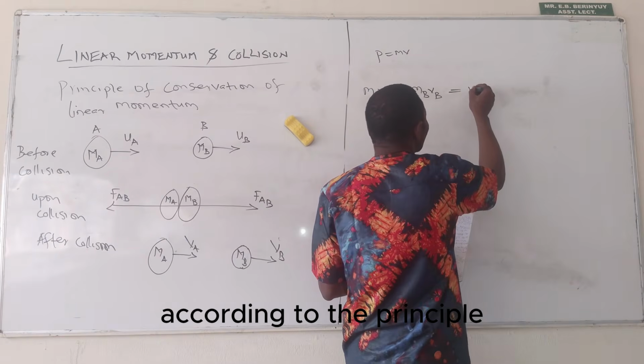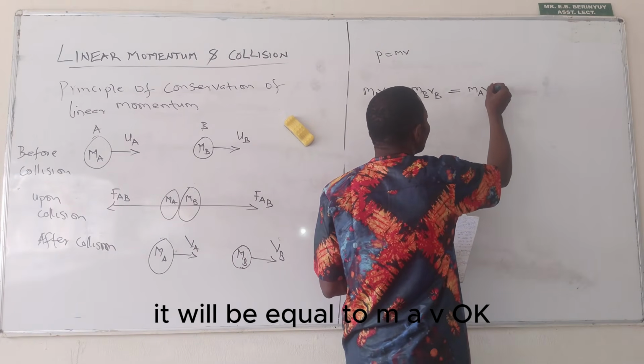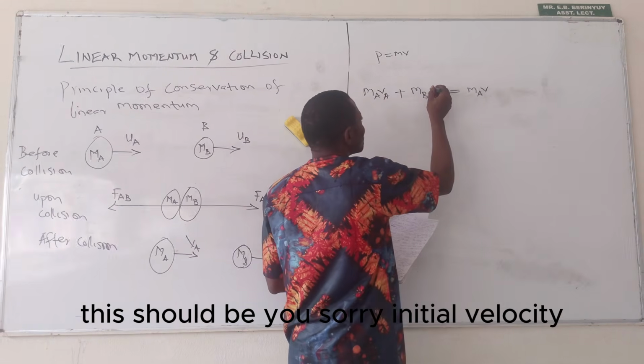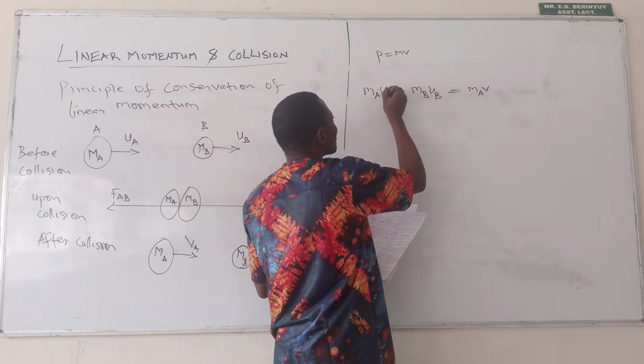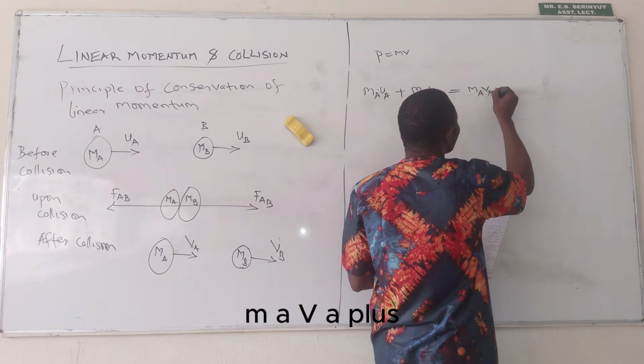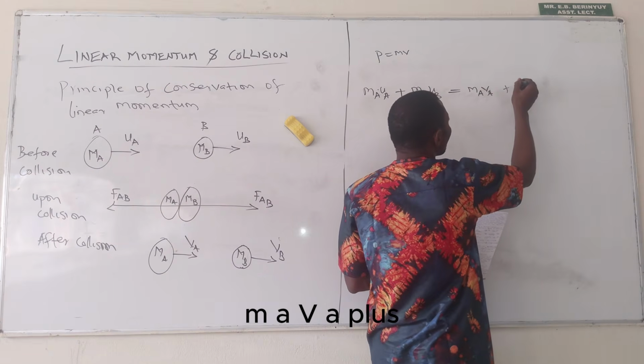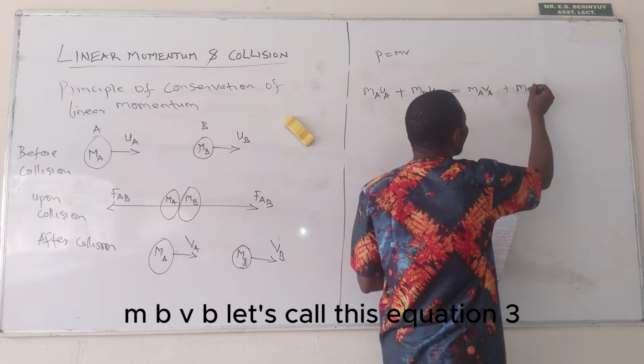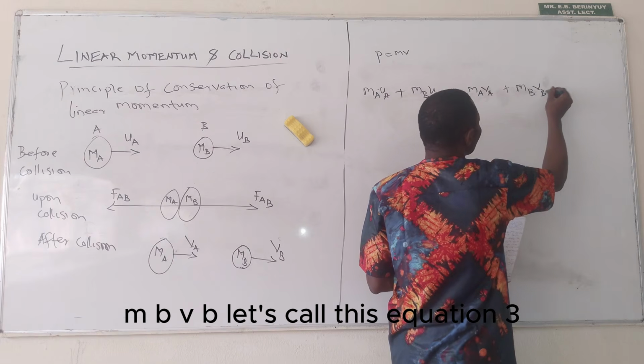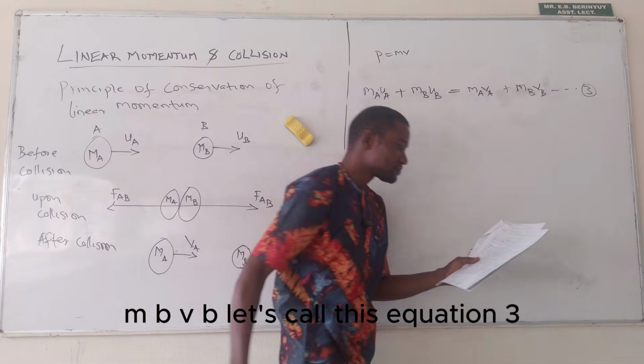According to the principle, it will be equal to MAVA plus MBVB. Let's call this equation 3.